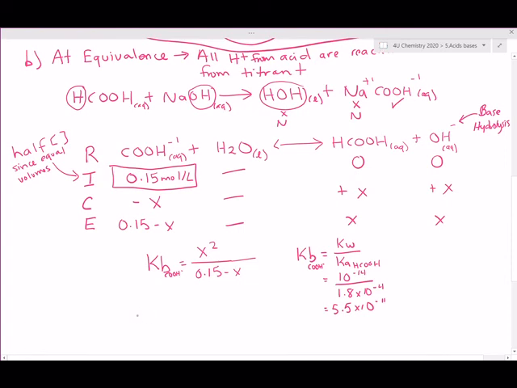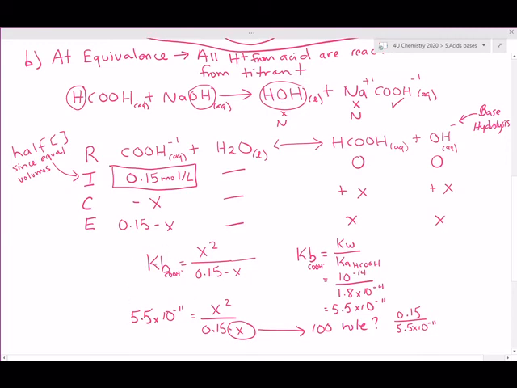All right. So now if we plug that in, 5.5 times 10 to the negative 11 equals x squared over 0.15 minus x. And again, let's check out the 100 rule, because if the 100 rule doesn't work, we are stuck with a quadratic equation. So we will do 0.15, and we're going to divide by 5.5 times 10 to the negative 11. You have to use whatever you're dealing with.